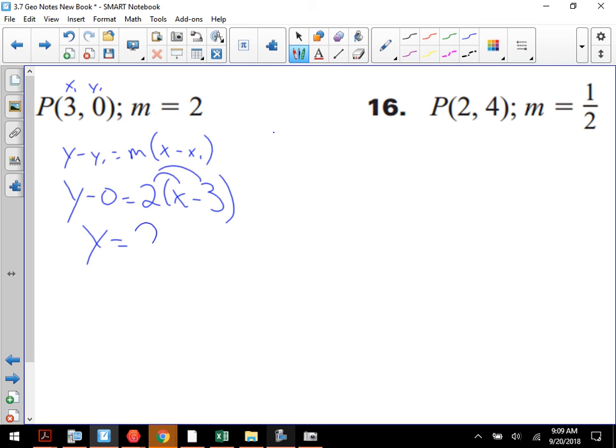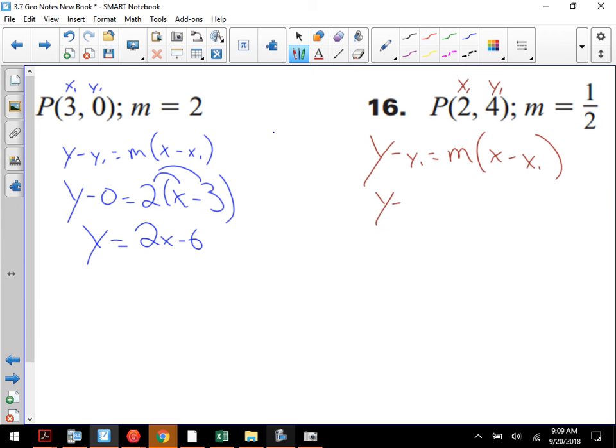Distribute to both parts, you get 2x minus 6. Not too terrible. Same thing on the other side. You got your x and your y values. First x, first y, slope. Fill in the blanks. What do you got?